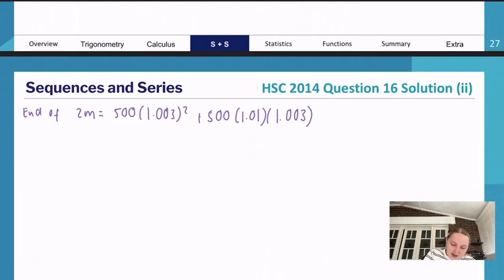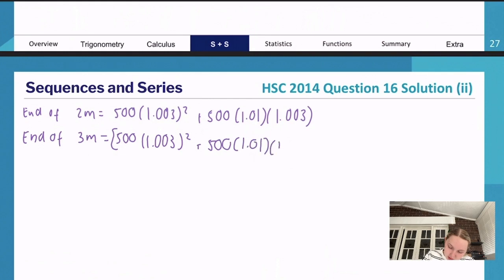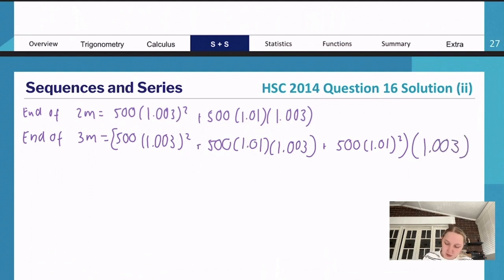So at the end of the third month, we're going to have 500 × 1.003 squared plus 500 × 1.01 × 1.003 plus 500 × 1.01 squared, and then all of that's going to be times by that. Then we're going to get that out.